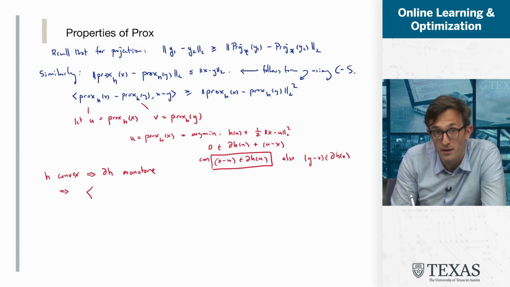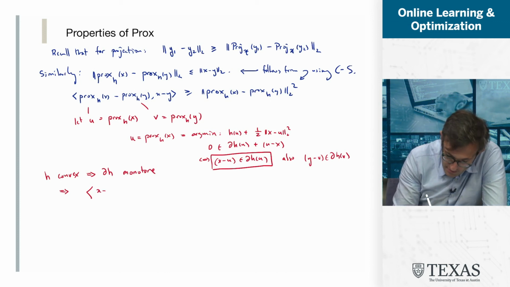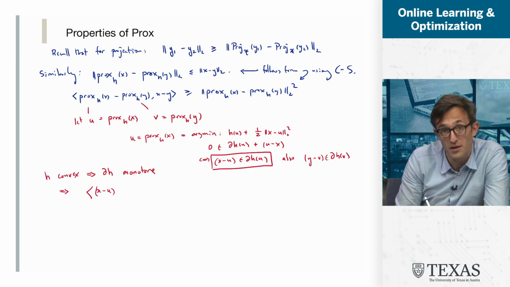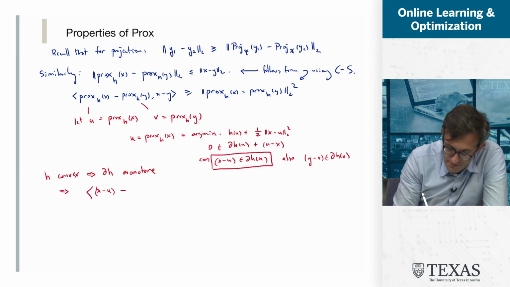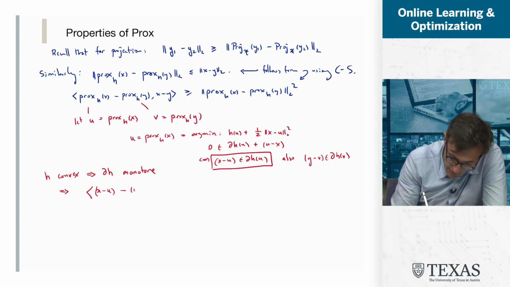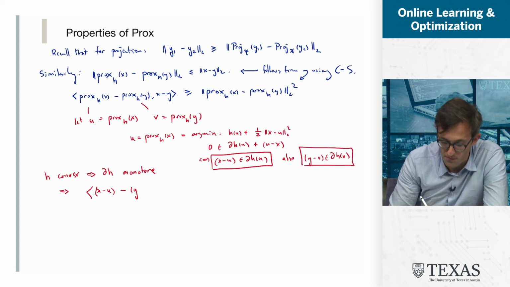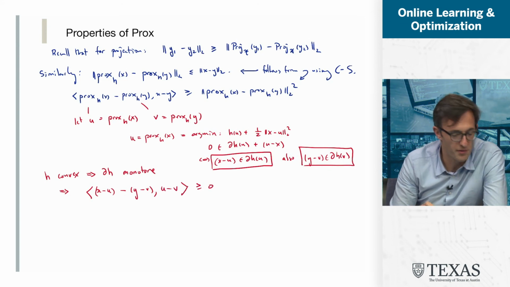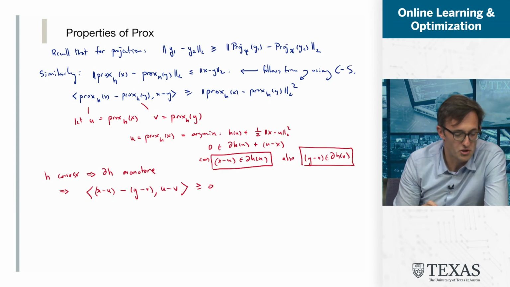Well, I have one sitting right in front of me. x minus u. So this is an element of the subdifferential of h at u minus any element of the subdifferential of h at v. What element will I choose? The one that's sitting right in front of me, y minus v, times u minus v is greater than or equal to 0. This is the definition of monotone.